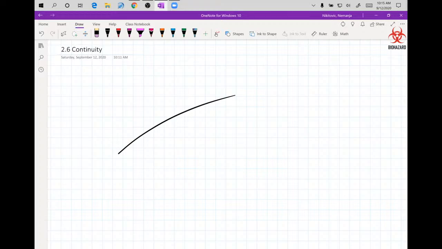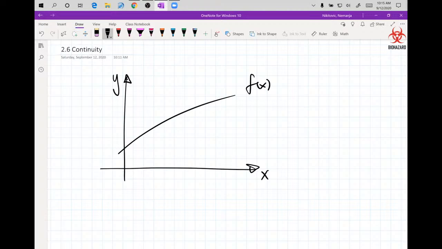But for our case, when you start in Calc 1 and you're learning basic concepts in an elementary course, you start with some function f of x and you say, you know what, this function is continuous, this function has no breaks on its domain. There is no break in the domain. It's one full continuous line.